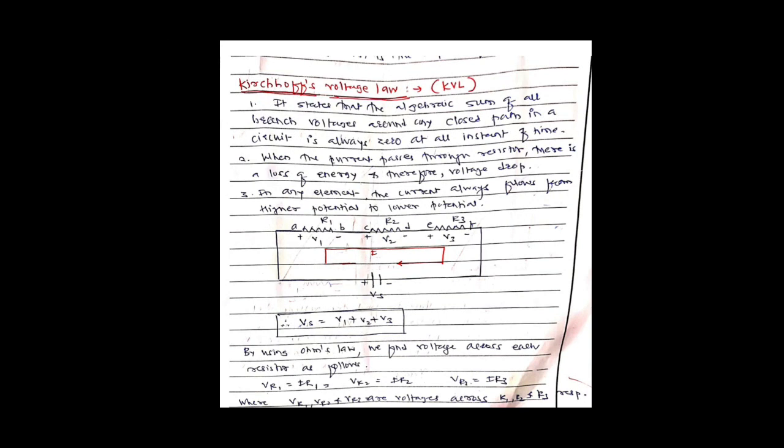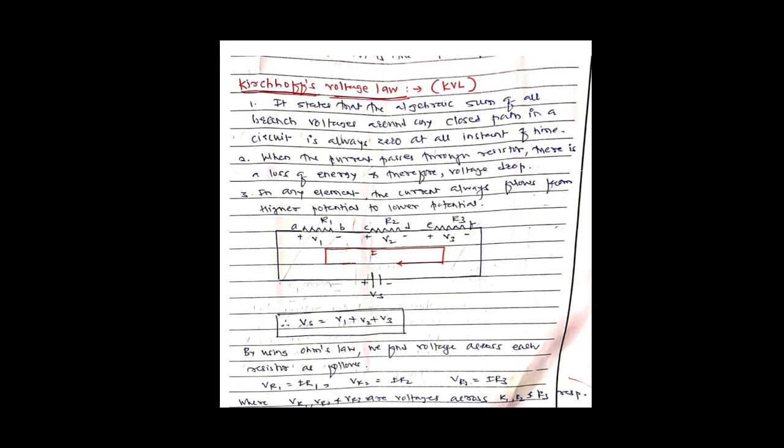So the algebraic sum of V1, V2 and V3 in a closed circuit path is always equal to 0 at every instant of time. In other words, you can also say Vs is the total voltage source, and V1, V2 and V3 are the internal branch voltages.